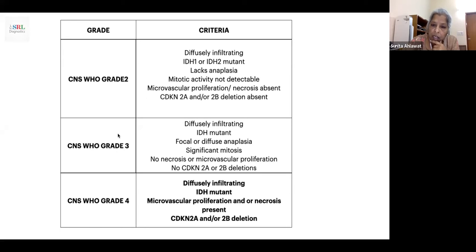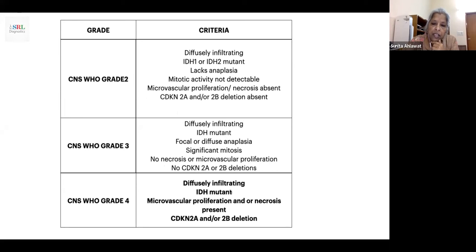In grade 3, again, diffusely infiltrating IDH1 or 2 mutant, focal or diffuse anaplasia, significant mitosis, but no necrosis or microvascular proliferation, and no deletion of CDKN2A or 2B.